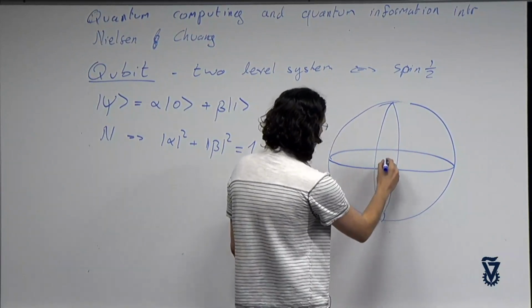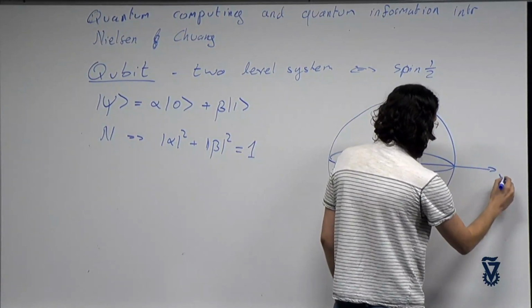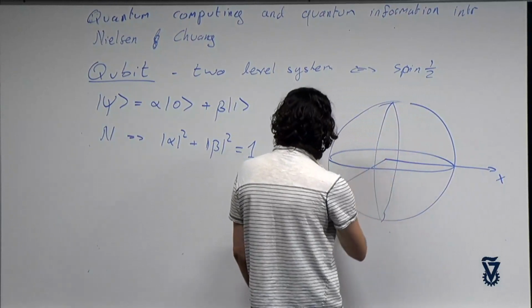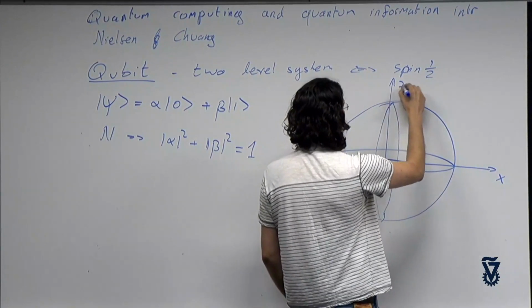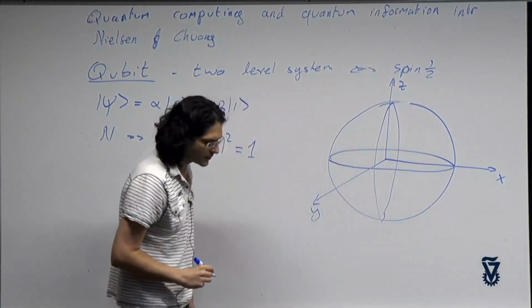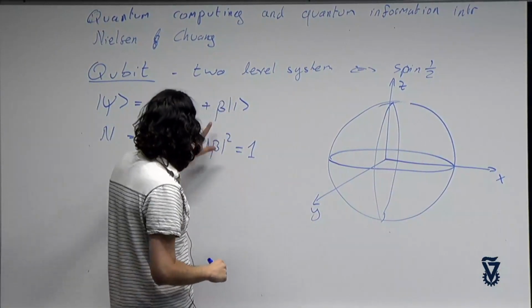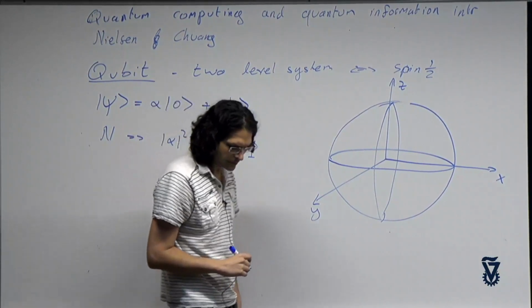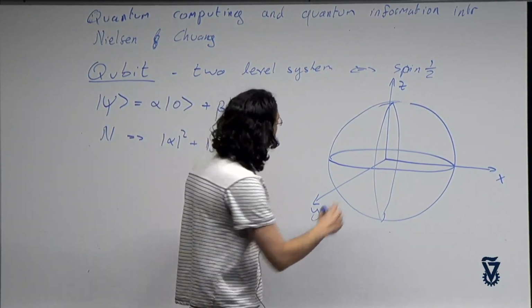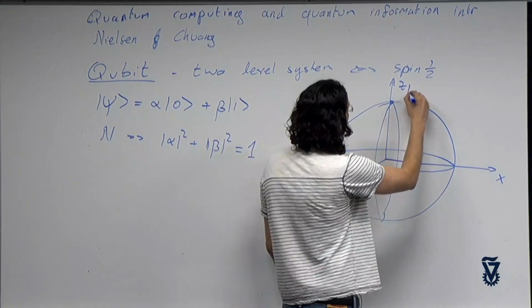Okay. So this is x, y, and z of the sphere. And basically it's parametrizing alpha and beta. So we call this state over here 0.